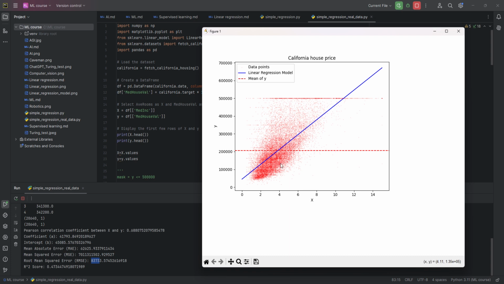But don't forget that here we are using just one feature, which is the median income. There are many more features in that California data set, and each of them might add a little bit more insight to the price. So as we include more features, the model can get more accurate.